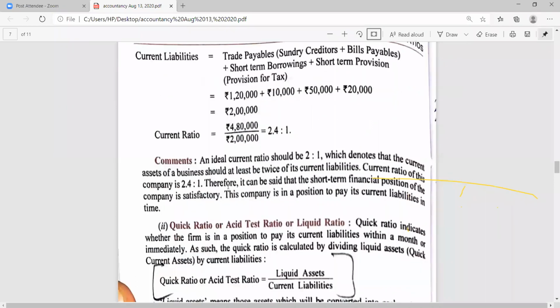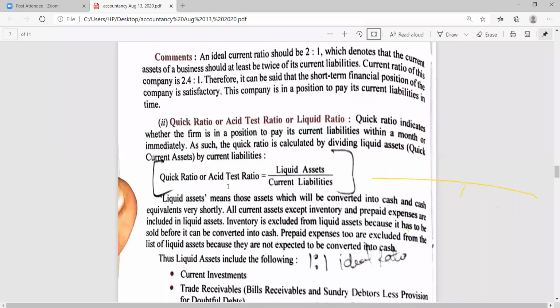Next, quick ratio or asset test ratio or liquid ratio. Quick ratio has the formula liquid assets upon current liability. In the previous one, we did current assets upon current liability. Now in quick ratio, it is quick assets or liquid assets upon current liabilities.